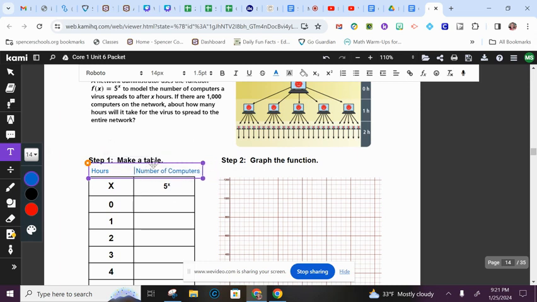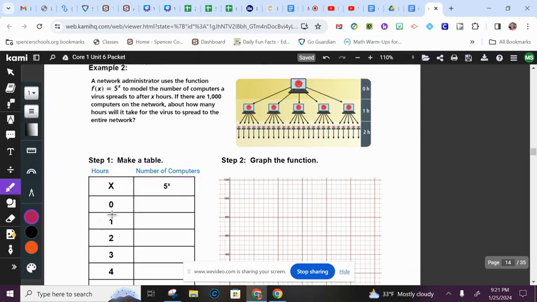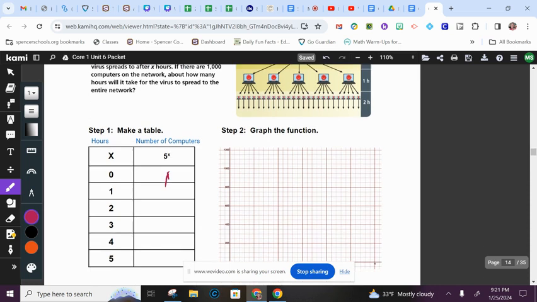So if we use our input-output table here, if I input 0, so 5 to the 0 power, hopefully you understand that's 1. If I put 5 to the first power, that's going to be 5. 5 to the second power is going to be 25. 5 to the third power is 125.